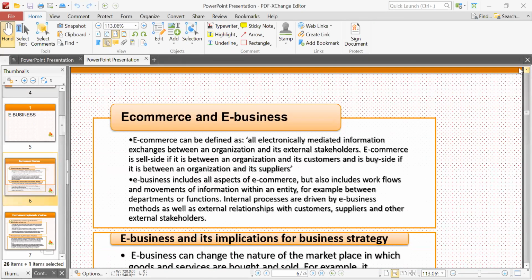But let's look at what we have here. E-commerce can be defined as all electronically mediated information exchanges between an organization and its external stakeholders.